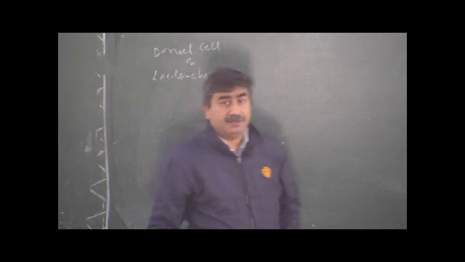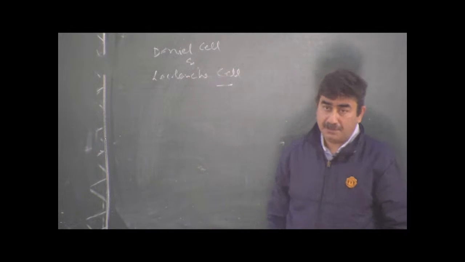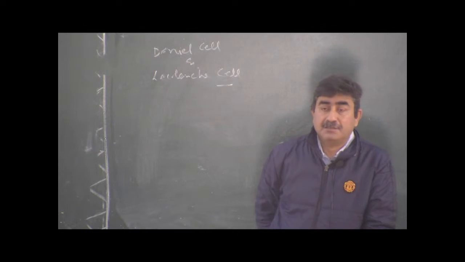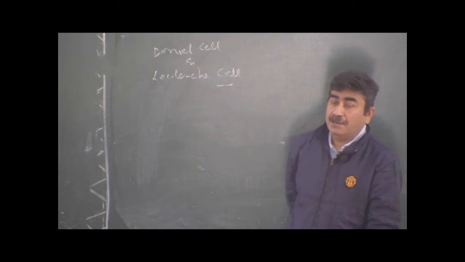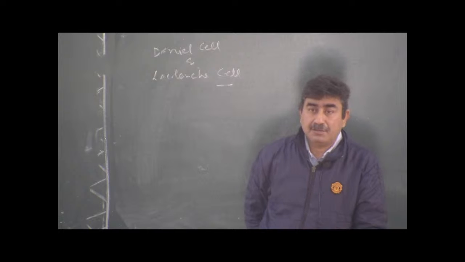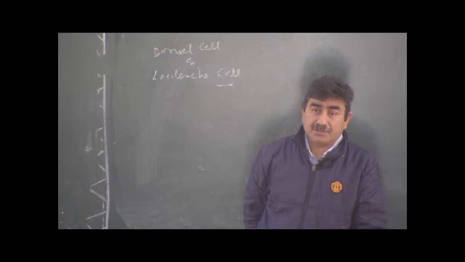So in Daniell cell, the positive electrode is copper vessel, the electrolyte is sulfuric acid, copper sulfate is the depolarizer, and amalgamated zinc rod while dipping in 10% solution of sulfuric acid acts as the negative electrode.